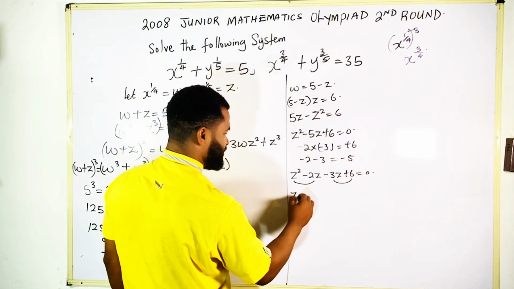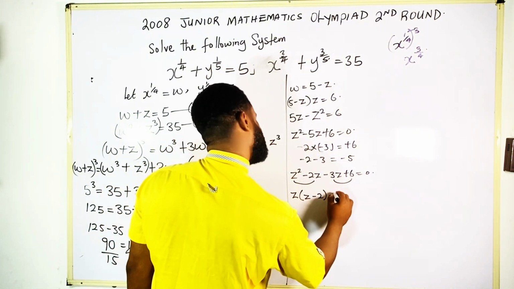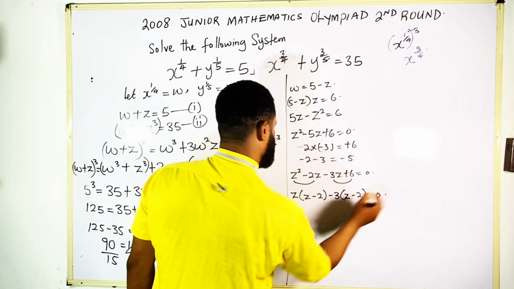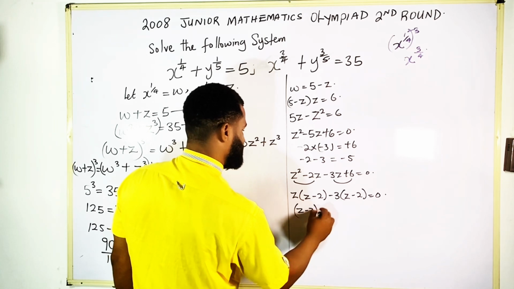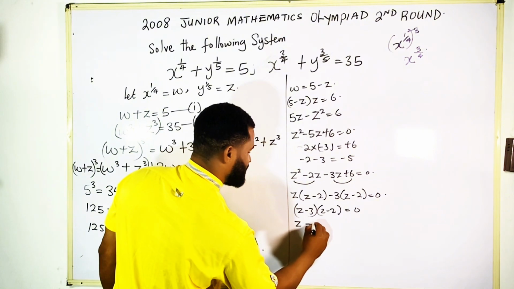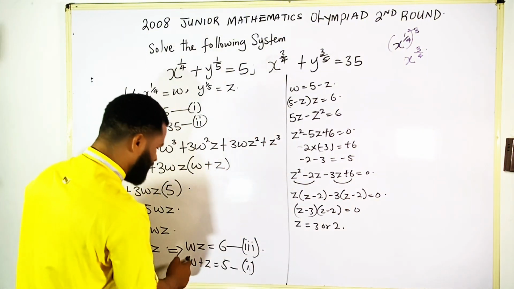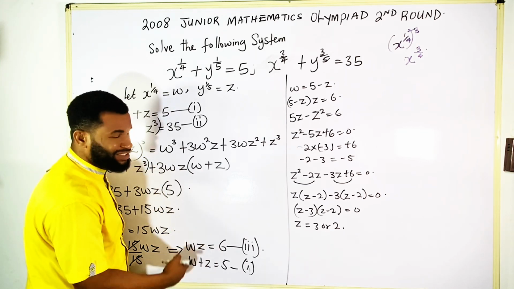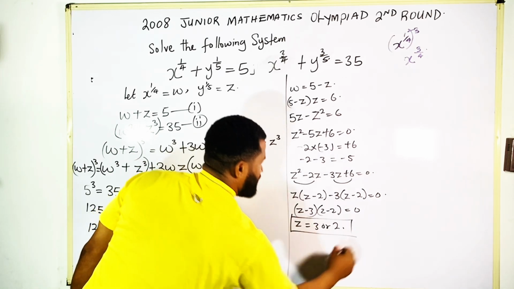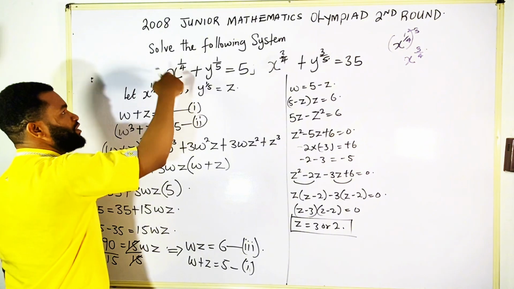I'll have z bracket z minus 2, minus 3 bracket z minus 2 equal to 0. So z minus 3 and z minus 2 equal to 0, so z is going to be 3 or 2. Good. So that has been confirmed for that which I was trying to observe, but I needed to solve it to be sure. Alright, so at this point, let's go back to find x and y.